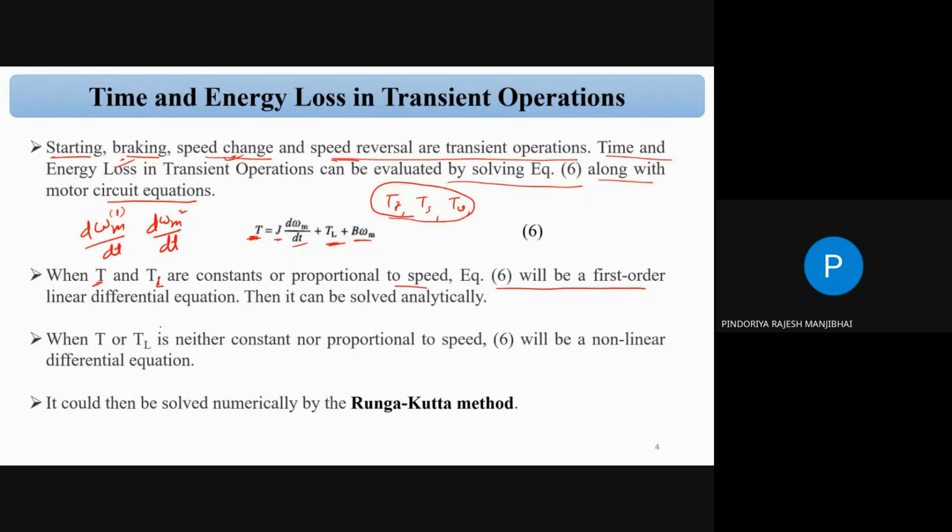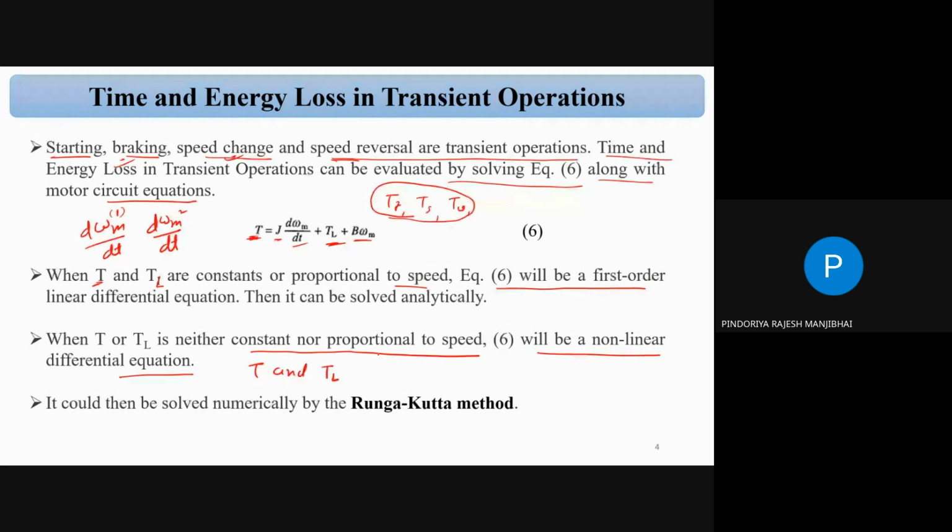Where T and TL are neither constant nor proportional to speed, then the equation will be a non-linear differential equation. Of course, suppose T and TL are both not equal, correct? Otherwise, that is not proportional to the speed. Then this equation number 6 is a non-linear differential equation.